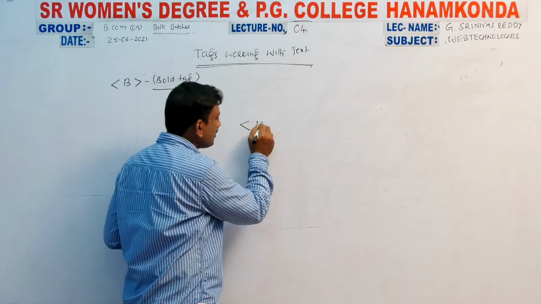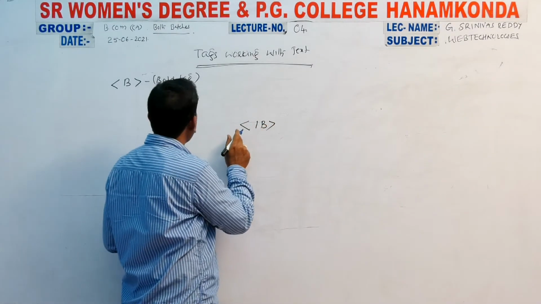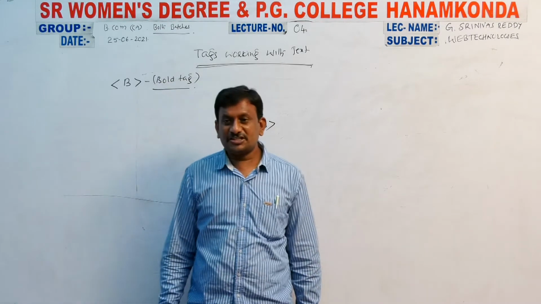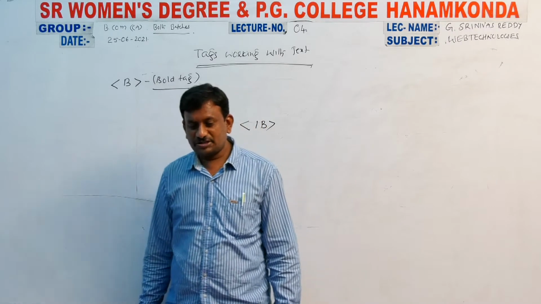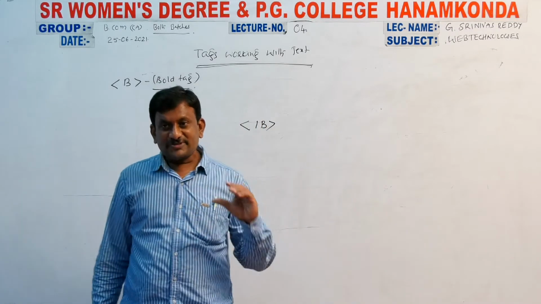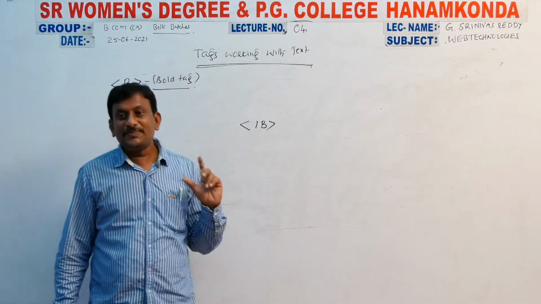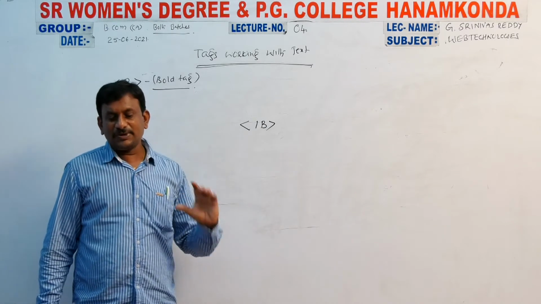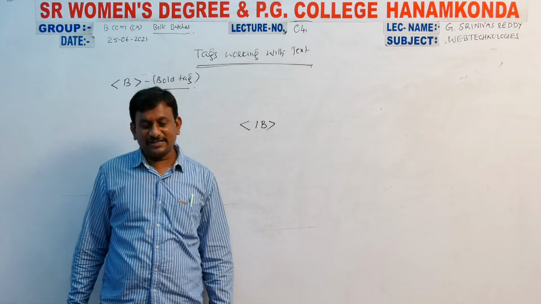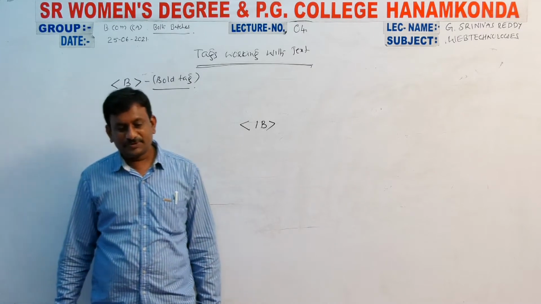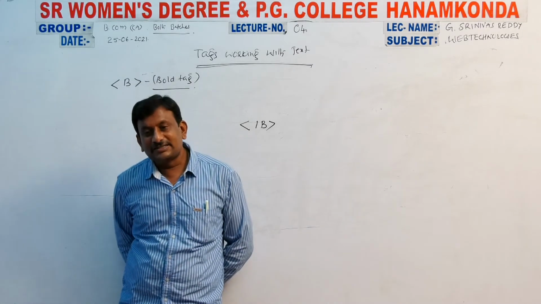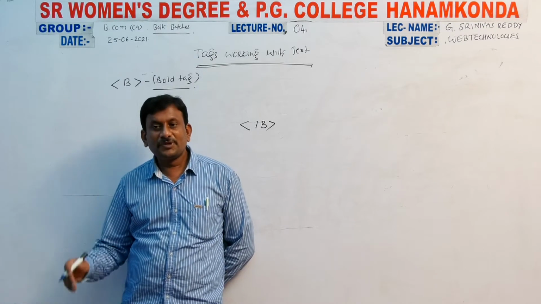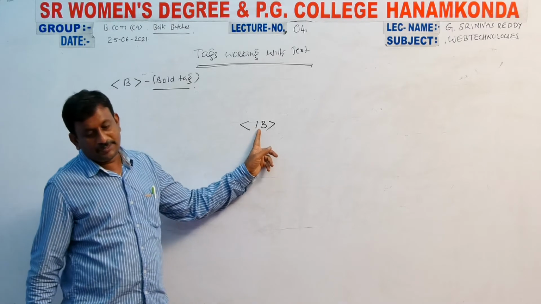You can write either capital B or small b, because HTML is not a case sensitive language. Clear, all of you? B means a bold tag, used for displaying the text in bold or thick letters, and it should be closed with this tag /B.